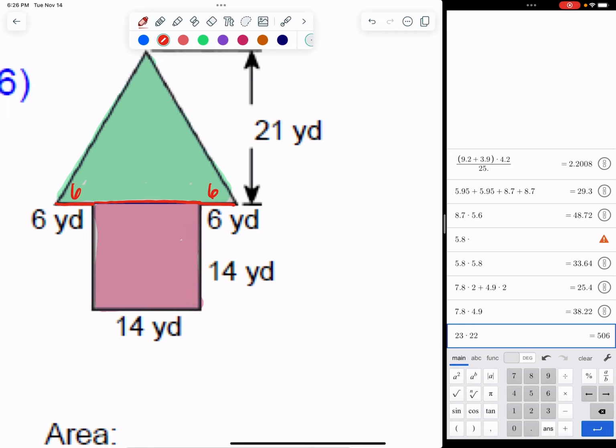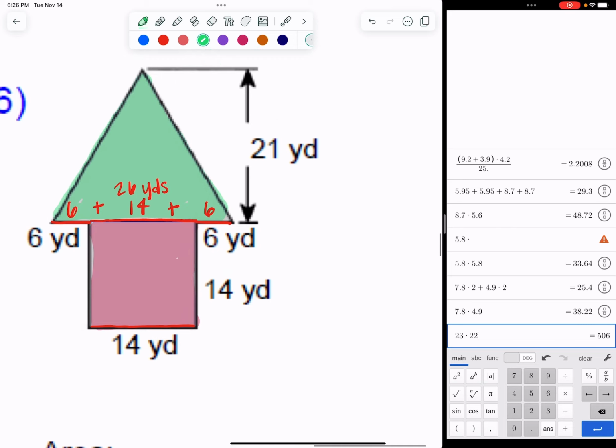How did you know? Oh, the bottom of the square is 14, and since it's a square, it matches the length of the top. Fabulous idea. So if I add these together, I get a base of a total of 26 yards for my triangle. Excellent thinking.